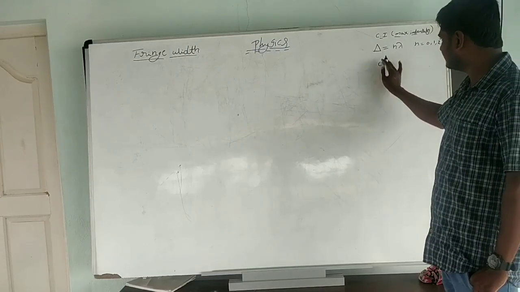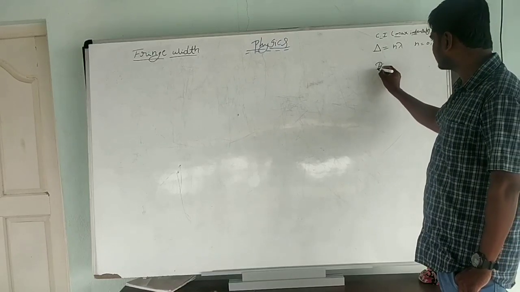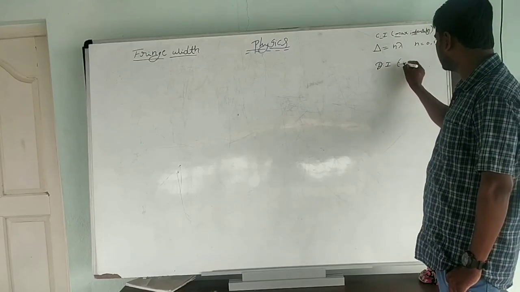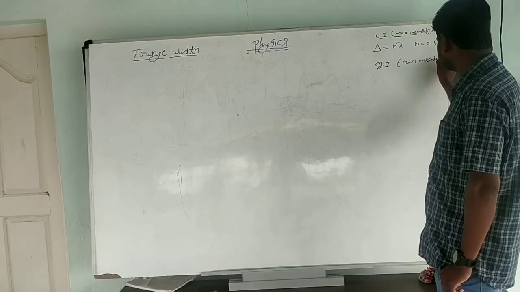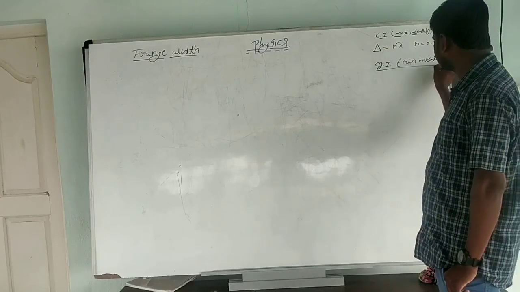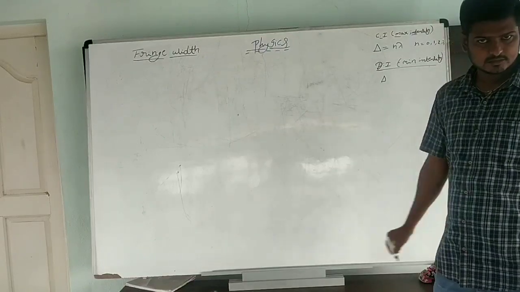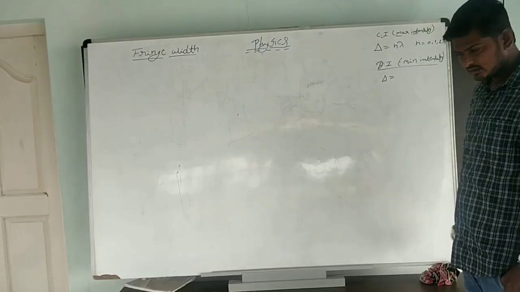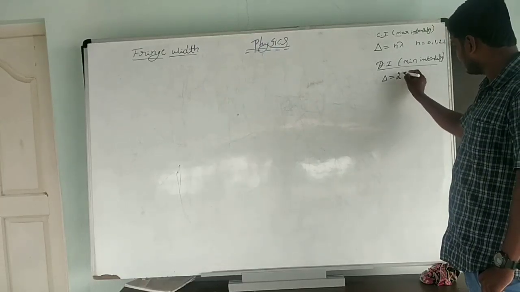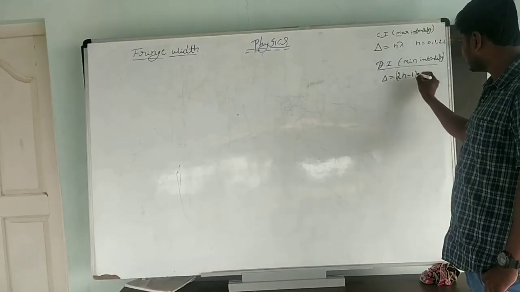In the same way, for destructive interference, minimum intensity, the path difference delta will be (2n minus 1) times lambda by 2.